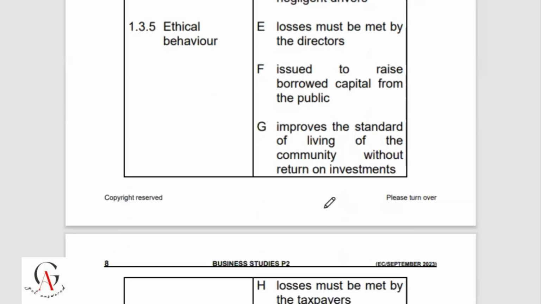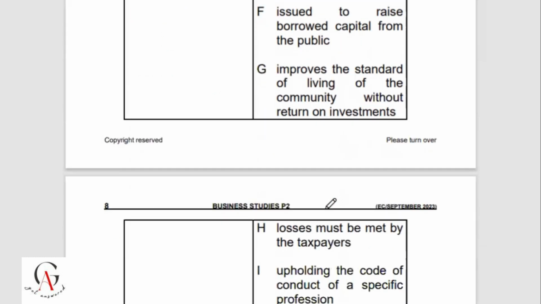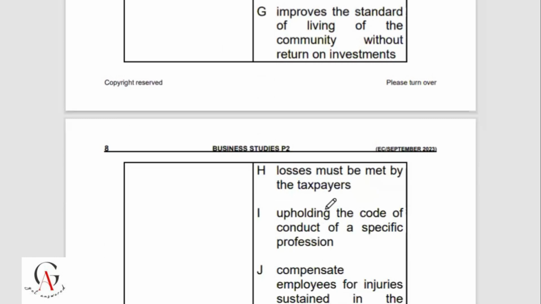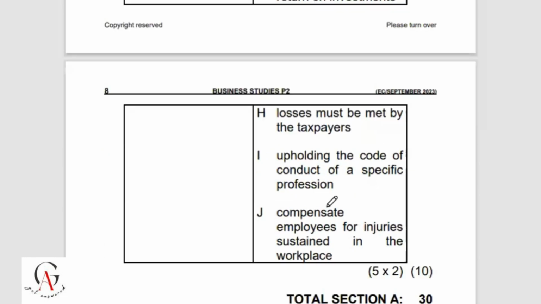Then G, improves the standard of living of the community without return on investments. H, losses must be made by the taxpayers. I, upholding the code of conduct of a specific profession. J, compensate employees for injuries sustained in the workplace.